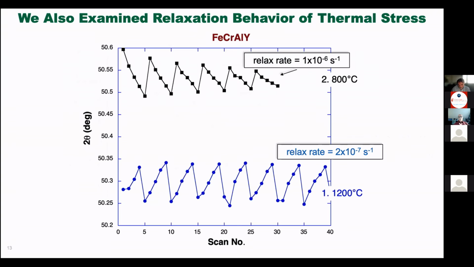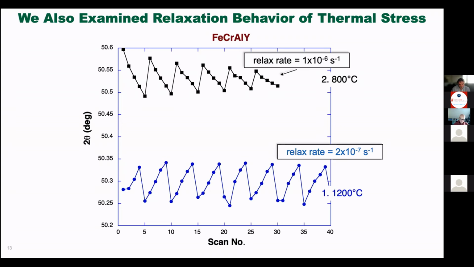And the other reason we're pretty confident that these relaxation rates are indicative of the oxide is that we then took a specimen, oxidized it at 1200, measured the stress, and then we dropped the temperature to 800 degrees C, and we saw the appearance of this compressive stress. We did a relaxation rate analysis on that, and we found 1 × 10⁻⁶, where we dropped 400 degrees in temperature, and yet the relaxation rates went up.